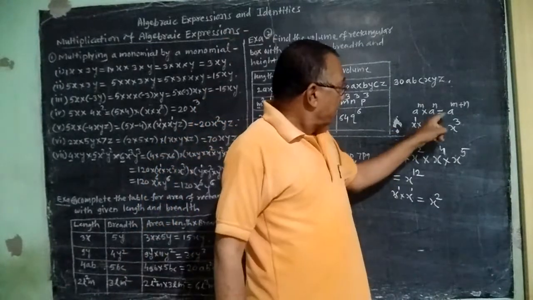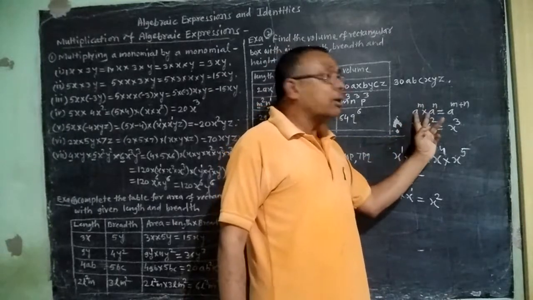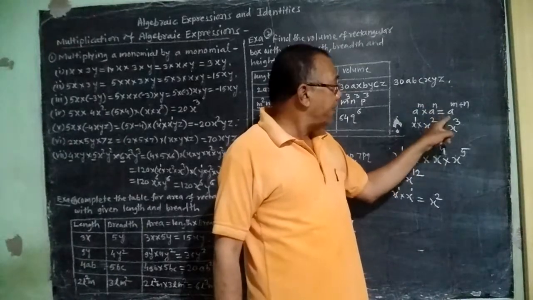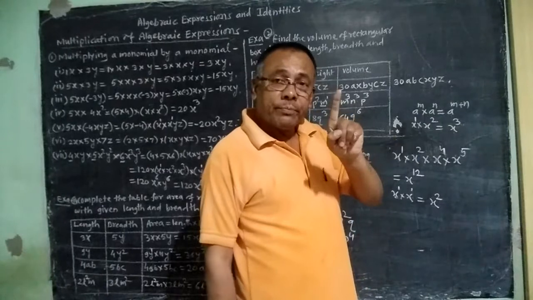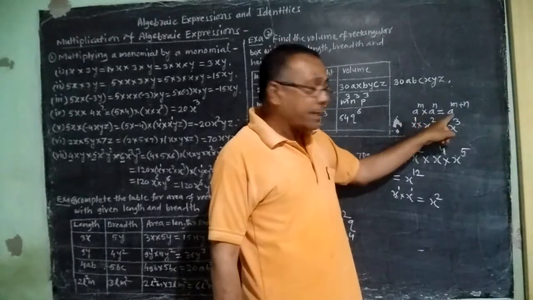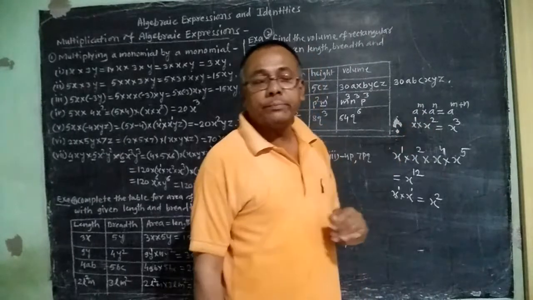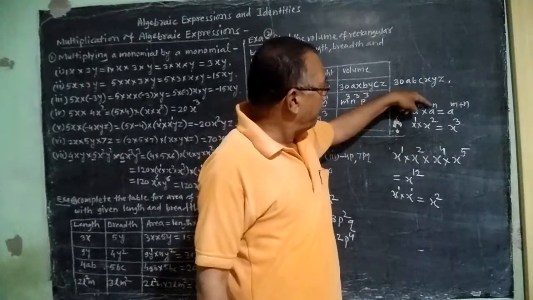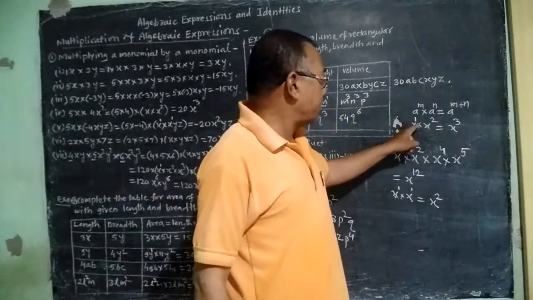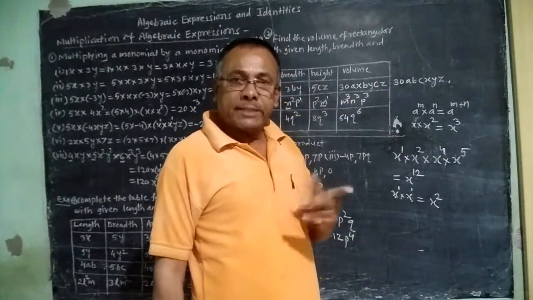Here in a raised to m and a raised to n, a is the base and both the bases are equal. So we have to write a only one time and add the exponents if there is multiplication, means m plus n. Similarly, in our example it is given that x into x square.